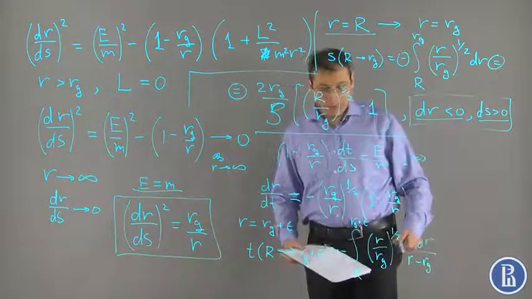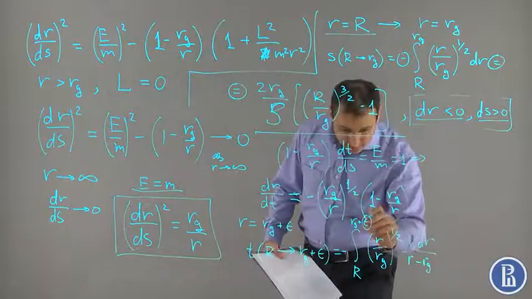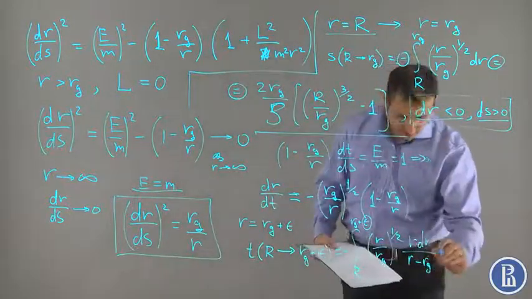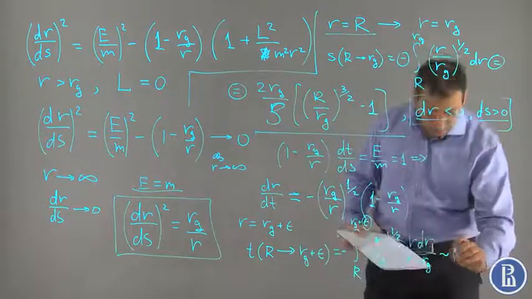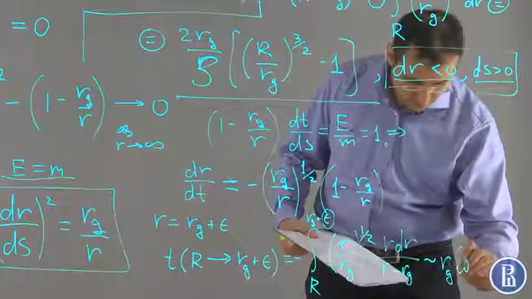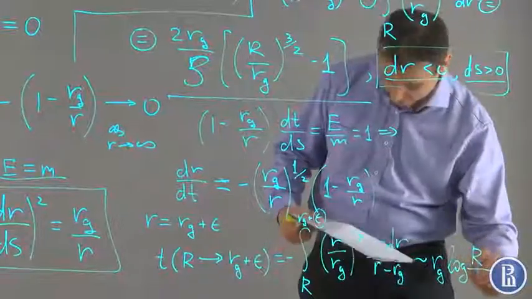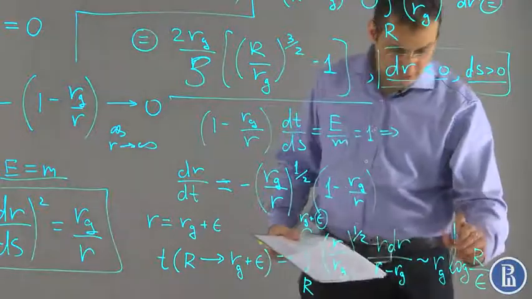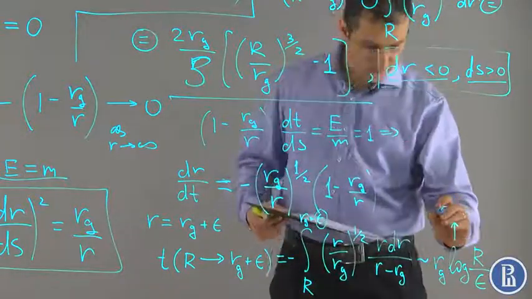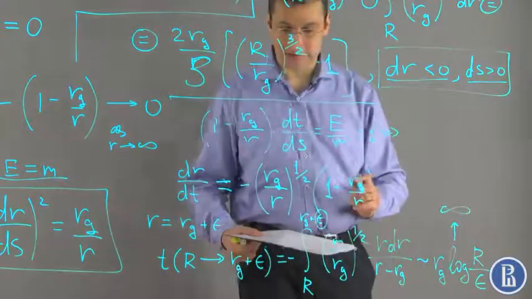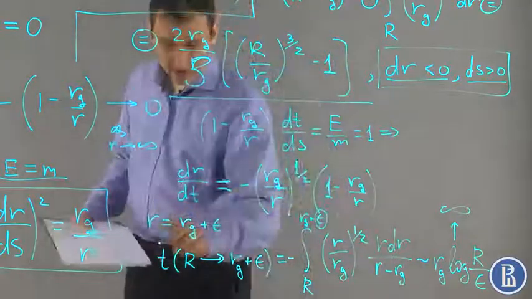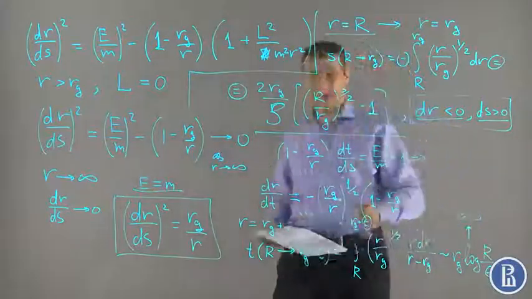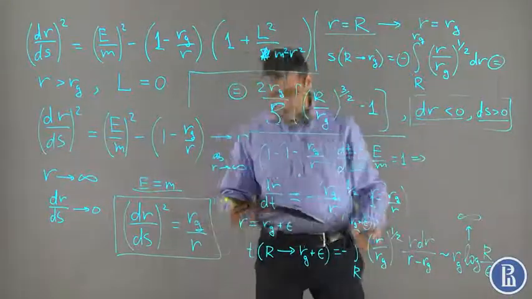One can see that as epsilon goes to 0, the leading contribution to this integral is proportional to r_g times log(r/epsilon). So the time goes to infinity as epsilon goes to 0. It takes infinite coordinate time for a particle to fall from the radius r to the vicinity of the horizon.